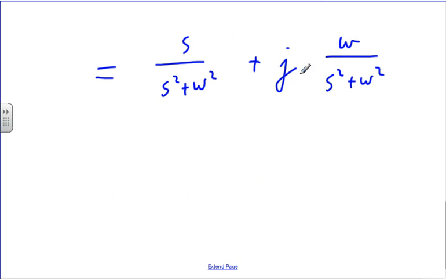Wait a minute, I got an imaginary operator here. Back to e to the j omega t. What is that function? What is e to the i t? Cosine t plus i sine t, right?